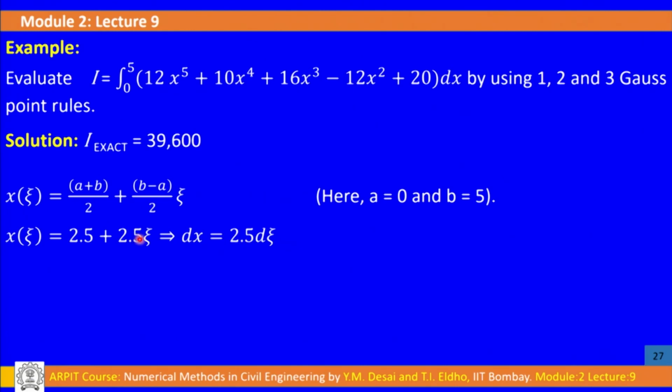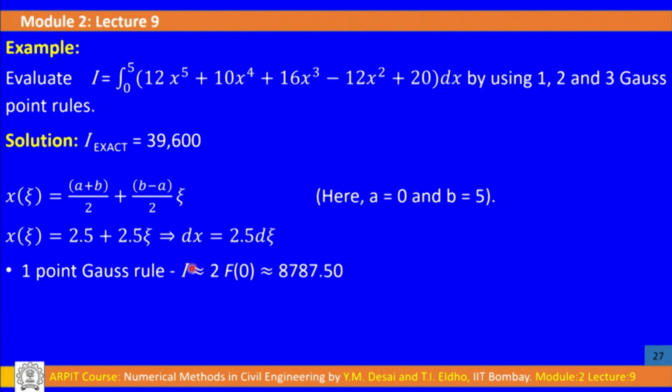Substitute these in our equation here, and we have then I equal to the integral from minus 1 to 1 of capital F of xi d xi, to be evaluated using 1, 2 and 3 Gauss points. In this expression, put xi equal to 0, w is 2.